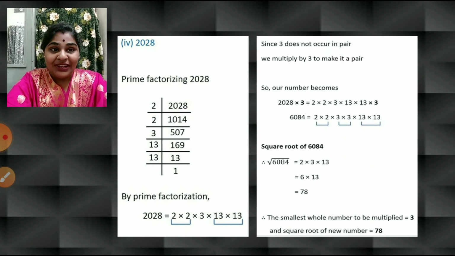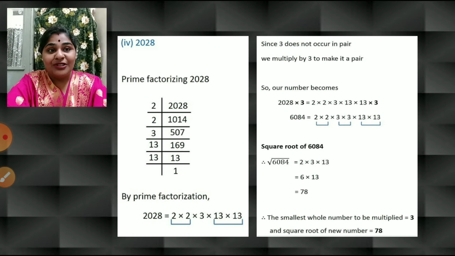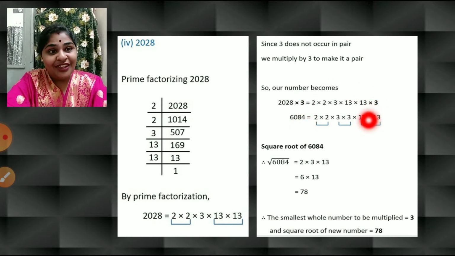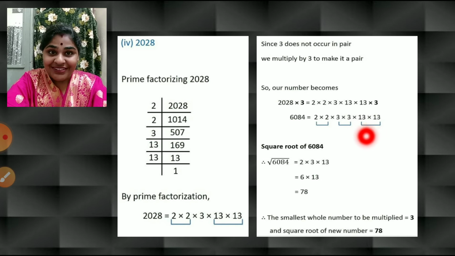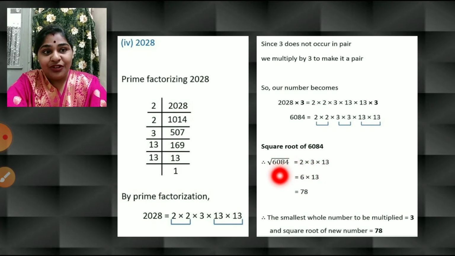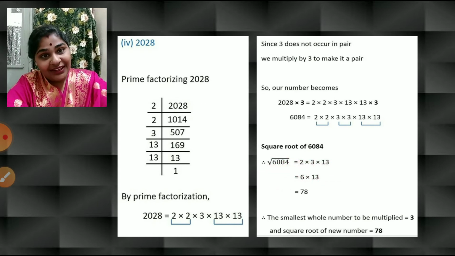So hence we multiply 3 to the given number also. So it is 2028 into 3, we get 6084, and on the right hand side also we multiply by 3. So we get all the pairs, and taking one number from each pair, it will be 2 into 3 into 13. So the square root of the new number is 78.